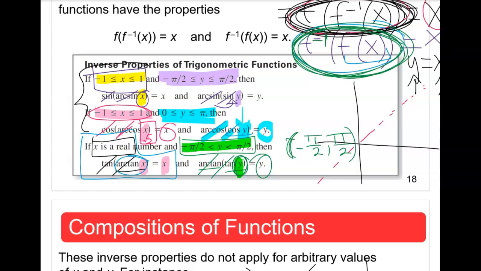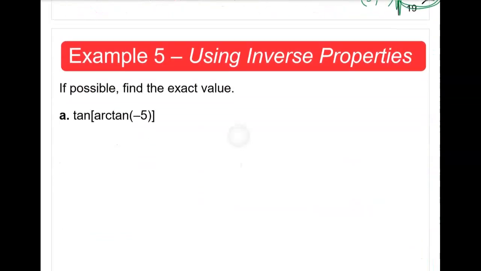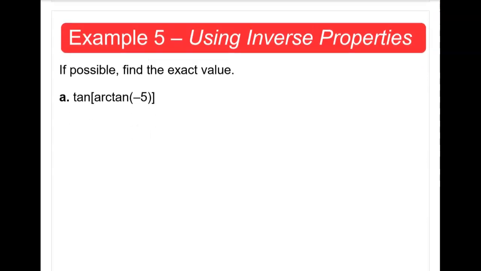And in this case, we said x could be any real number. So going back to our problem, we have a -5. As long as this number is a real number, we can cancel, and the answer is -5. Why? Because these two are inverses of each other, so they cancel each other out.